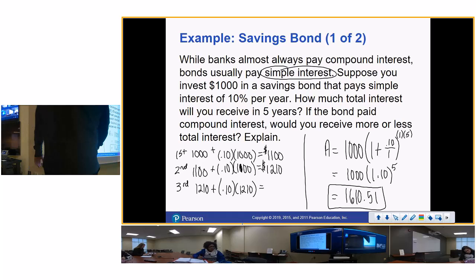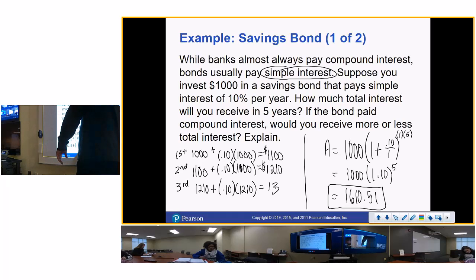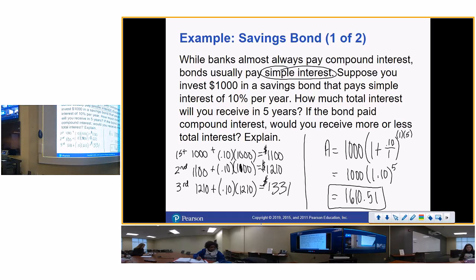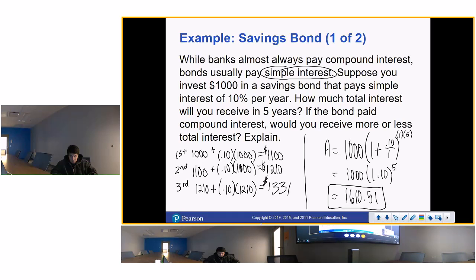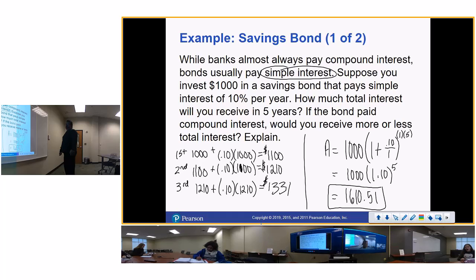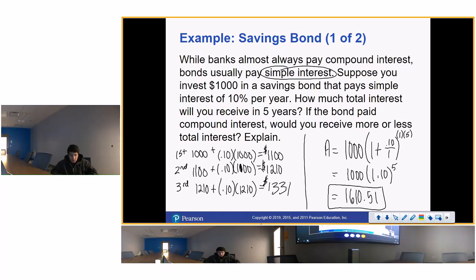Somebody check me. Somebody do the third one for me. Yeah, you got it right. I just got it. Okay. And then the next one would be 1331.